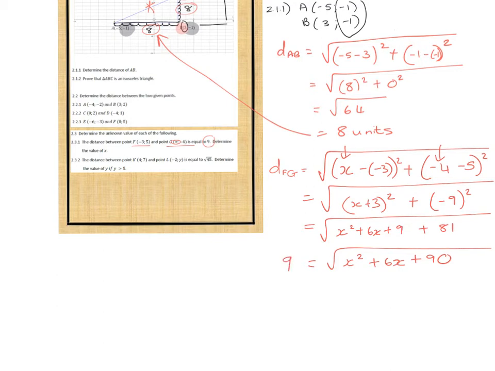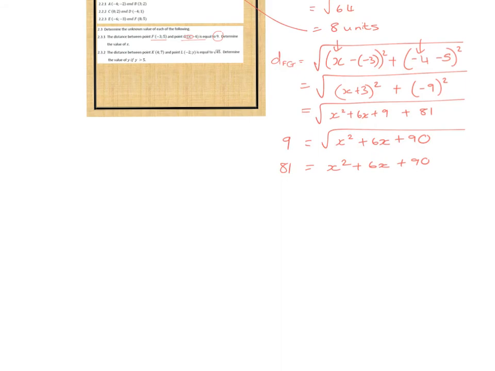So in this case, what we can do is we can square both sides. So we square 9, and when we square the right-hand side, our root goes away. So then we can bring our 81 over, and we end up back with x squared plus 6x plus 9. Right.